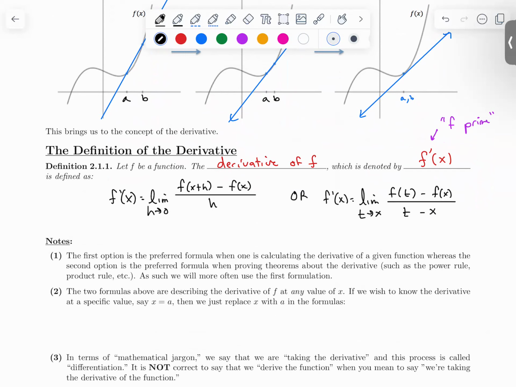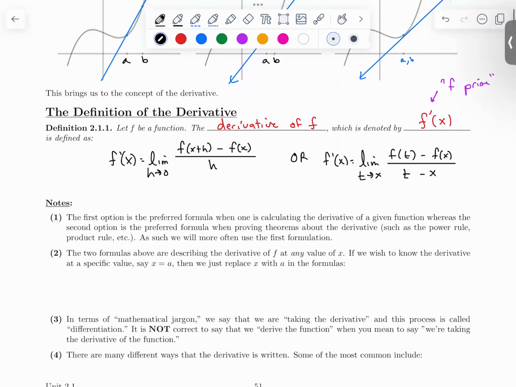Yeah. Okay. So if you're trying to find a specific value, these are the slopes of the tangent lines, but that's at a various point x. If you want to find the slope of the tangent line at a specific value, if you want to find the derivative at a specific value, let's say a, then all you need to do is replace the x's with a's.